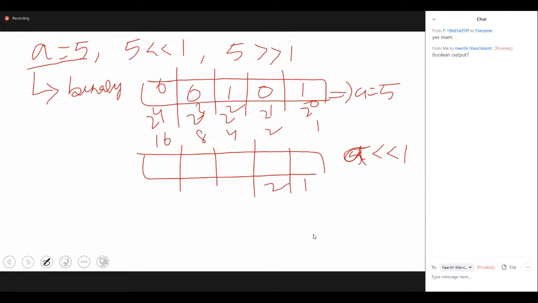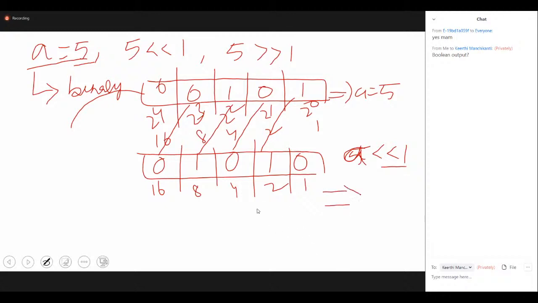So 1, 2, 4, 8, 16. Now you shift these bits towards the left. This 0 moves here, this 1 comes here, this 0 comes here, this 1 comes here. The lower position is automatically filled with 0. So when you shift 5 towards the left by 1 time, what is your answer? You add only the positions of bits where you have 1. So 8 plus 2 gives me a resultant value of 10.